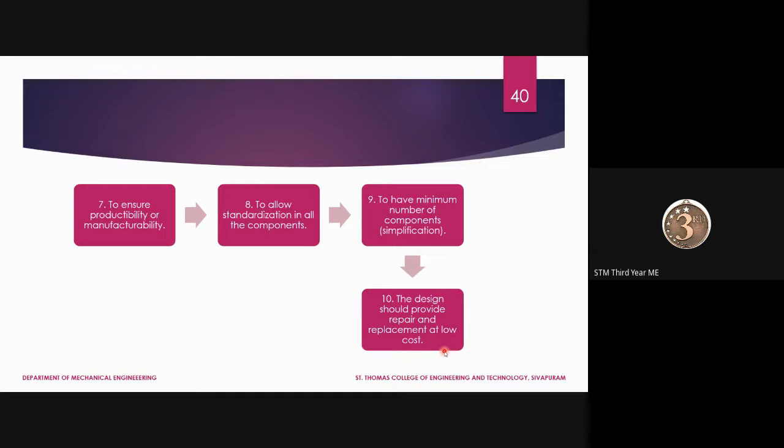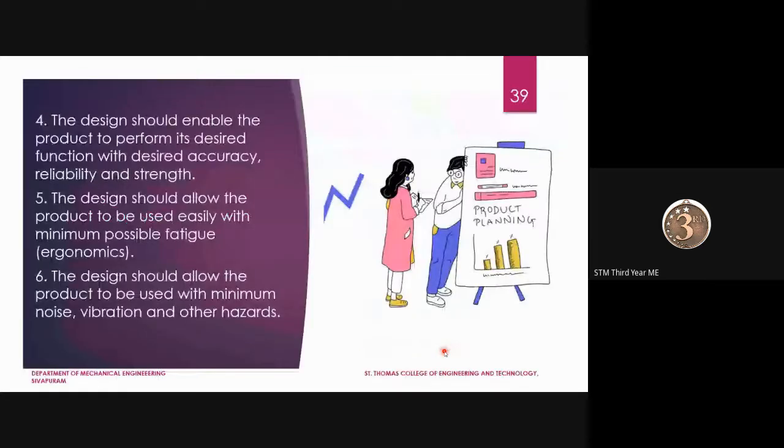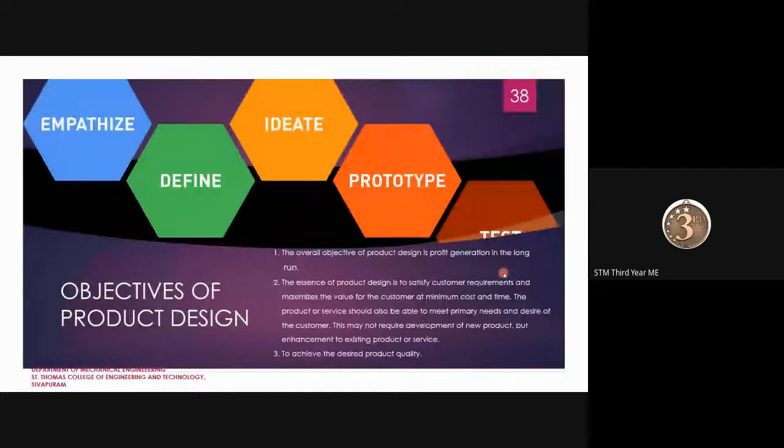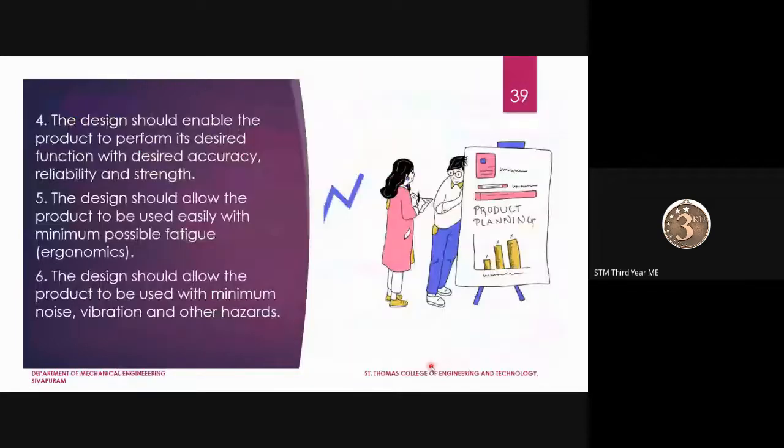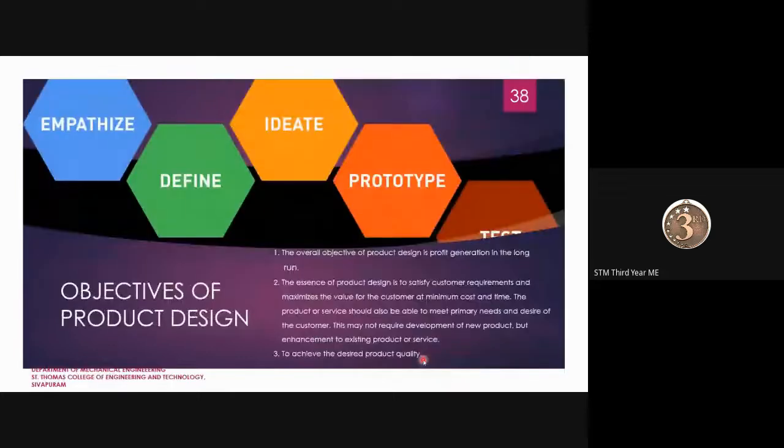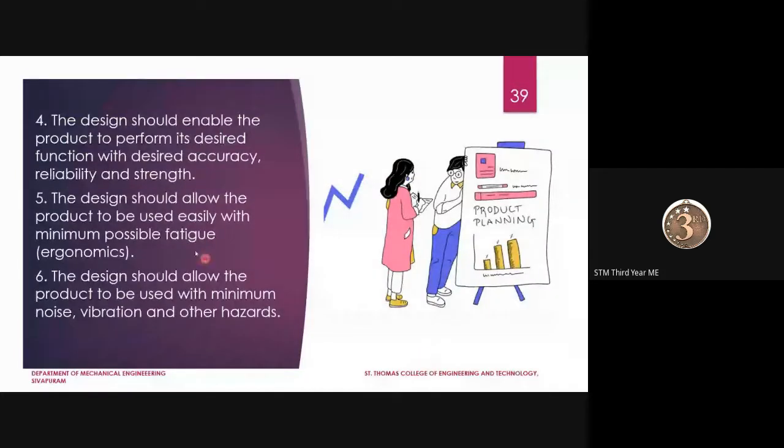So these are the objectives. The first one was profit generation. Second one was satisfy customer requirement. Third one was achieve desired product quality. Then fourth one was perform its desired function with desired accuracy, reliability, and strength. Fifth one was to be easily used with minimum possible fatigue.